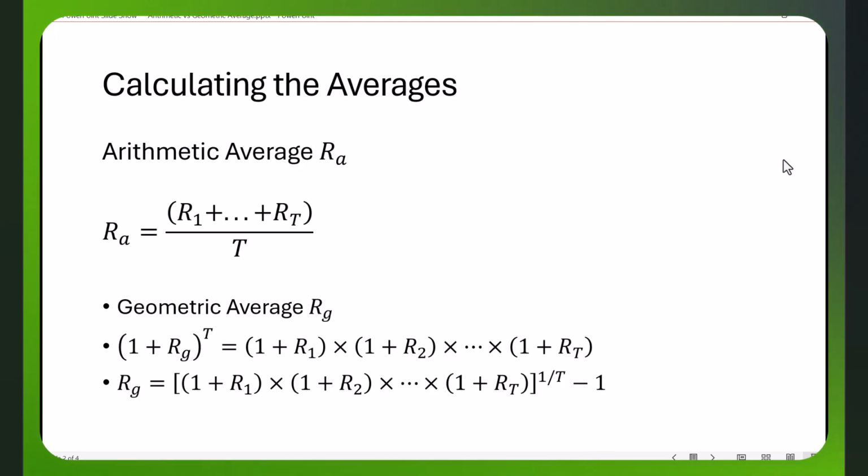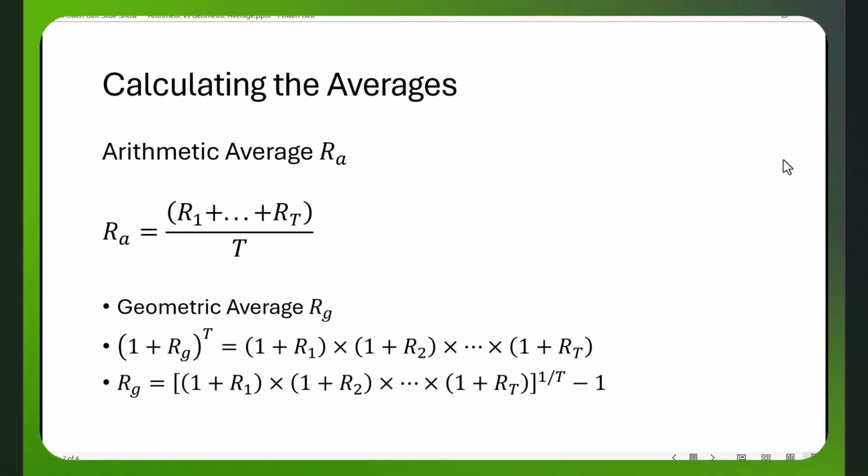The geometric average, on the other hand, is a compounding. The geometric average, which I use R sub G to denote, is: 1 plus R sub G raised to the t-th power is equal to 1 plus the return in the first period, times 1 plus the return in the second period, all the way out to 1 plus the return in the t-th period.